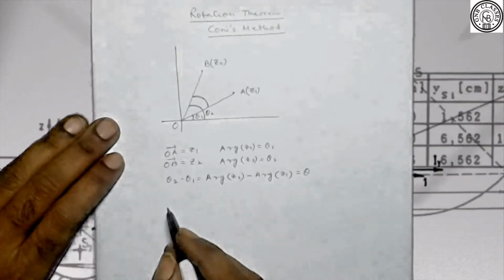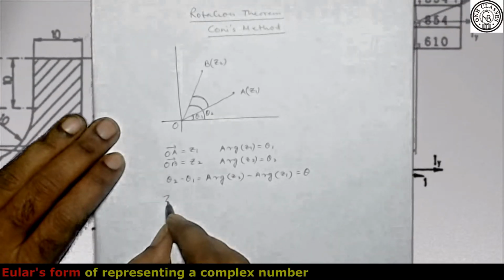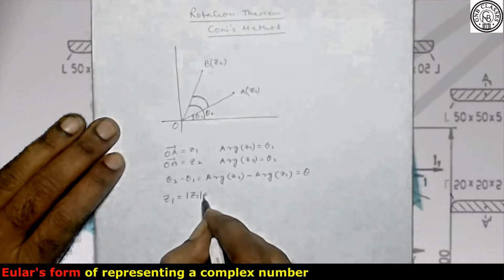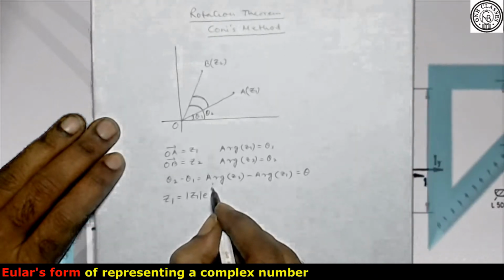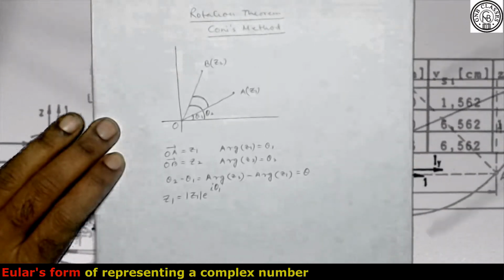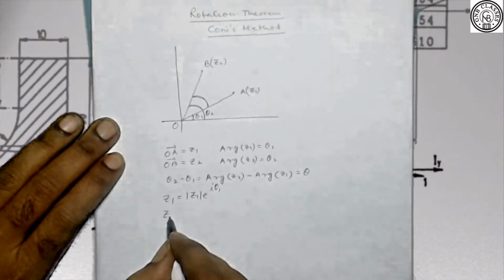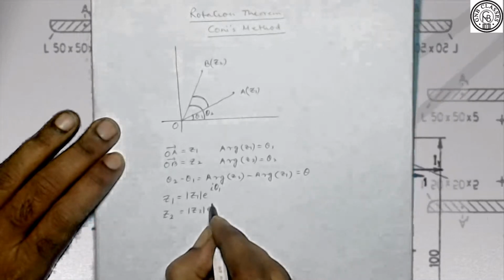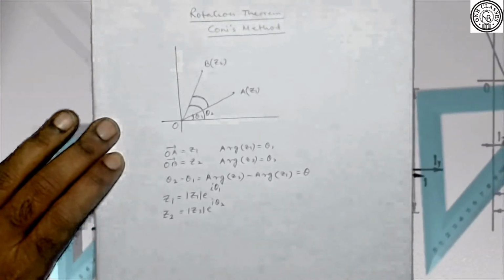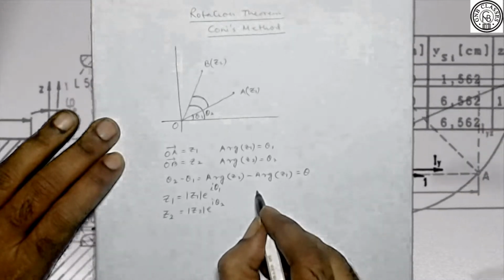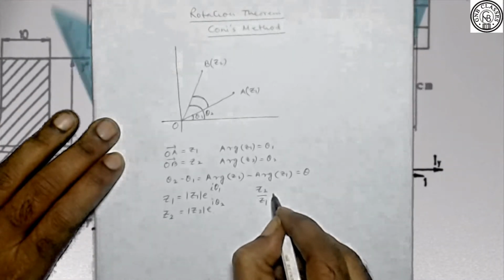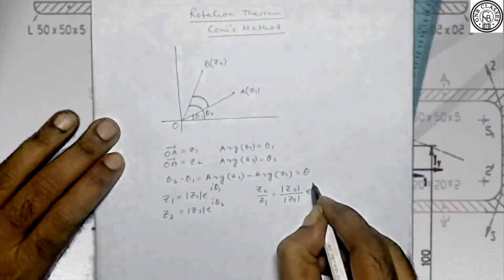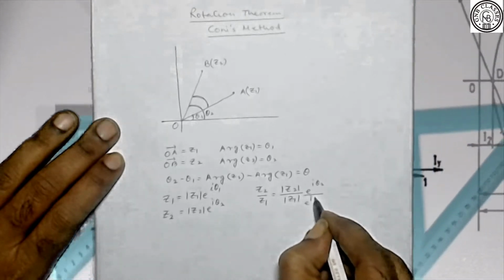Now from Euler's form, we know that Z1 can be written as mod of Z1 into e to the power iota θ1. Yes or no? This is the Euler's form. And for the complex number Z2, it will be Z2 equals mod of Z2 e to the power iota θ2. Now, if I divide the corresponding sides, we have Z2 by Z1 is mod of Z2 by mod of Z1 into e to the power iota θ2 by e to the power iota θ1.